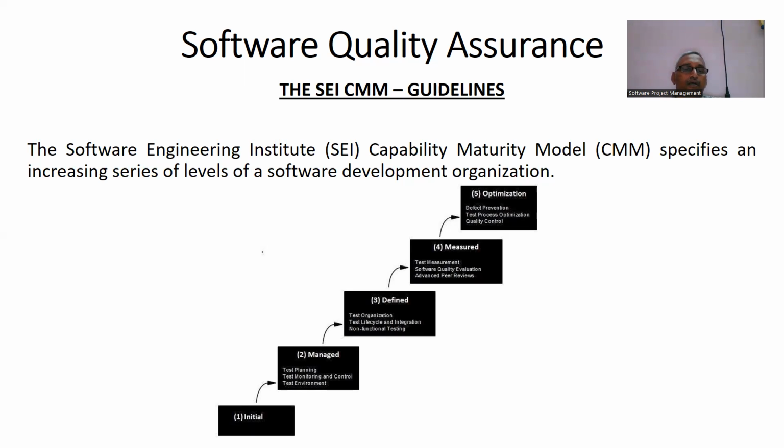The higher the level, the better the software development process. Hence, reaching each level is expensive and time-consuming for projects. The diagram shows how to develop the CMM level. First level, initial, then repeatable, defined, managed, and optimizing.